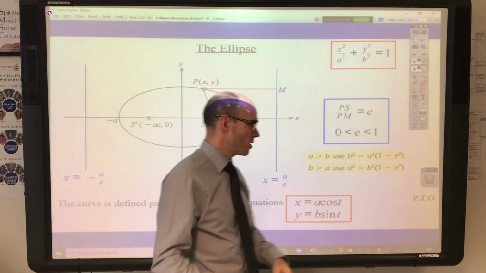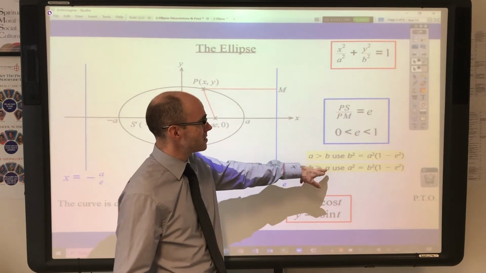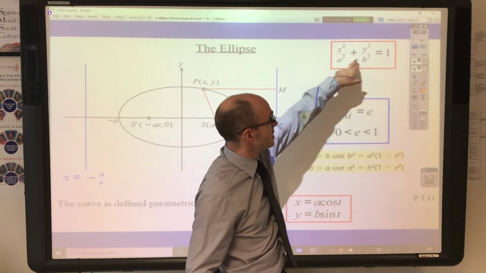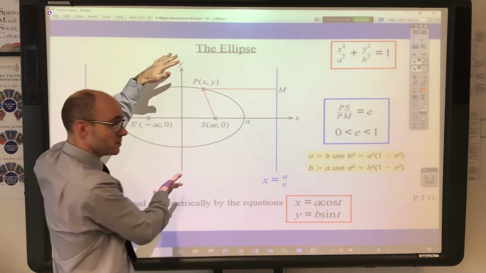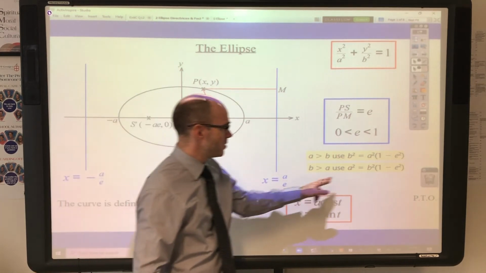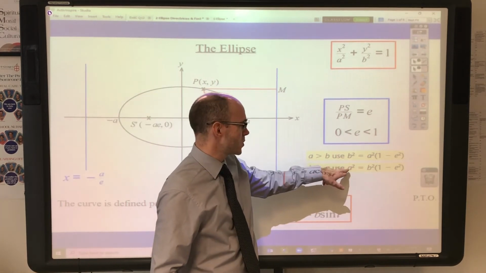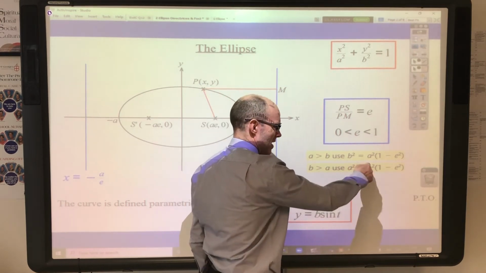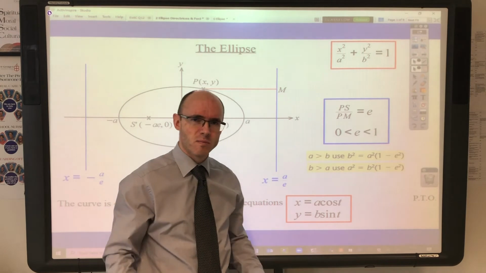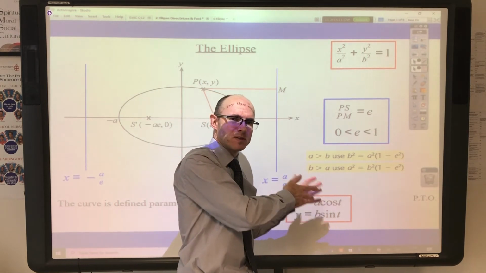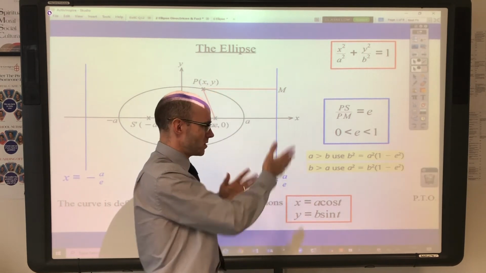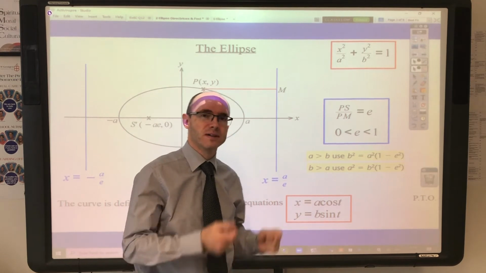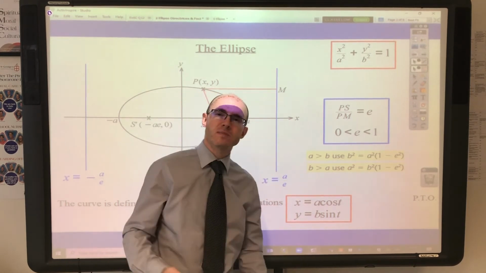The other way round, when B is greater than A instead, so this number here is greater than that number, then you've got a different major axis, and you use this formula here: A squared is B squared times (1 minus E squared). Can you see, you just switch the A and B around depending on which one is larger. But I thought I'd just put that in now because it's helpful if you're making notes on all of these different things about the ellipse.